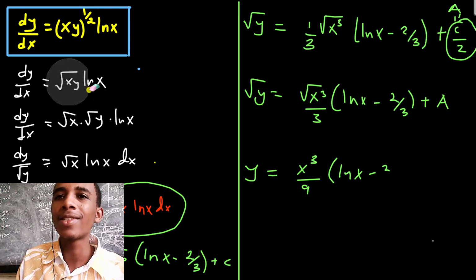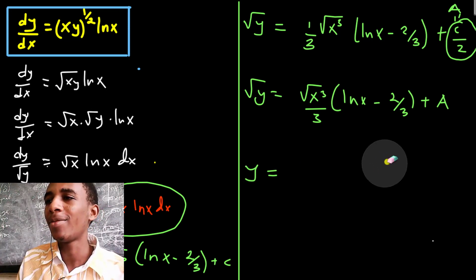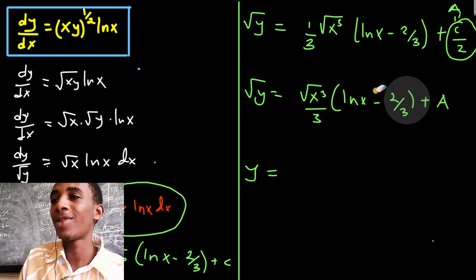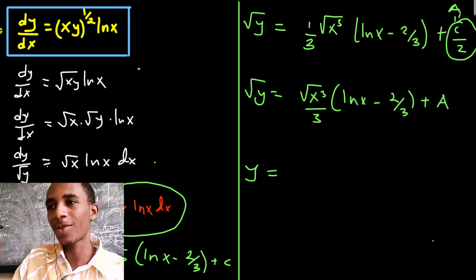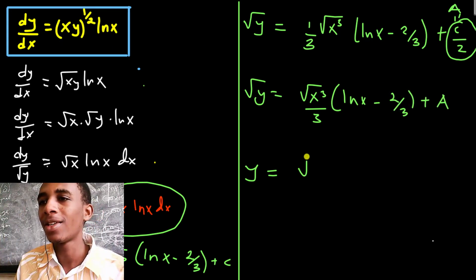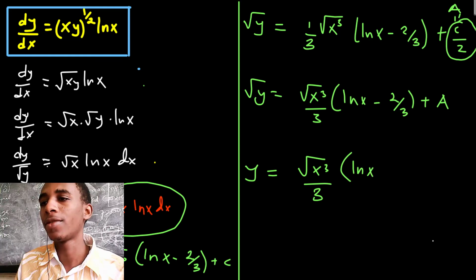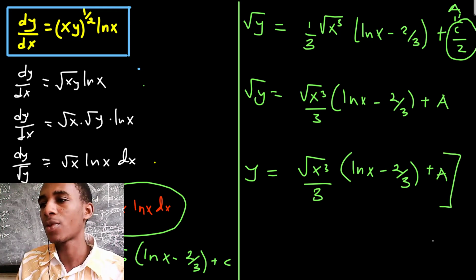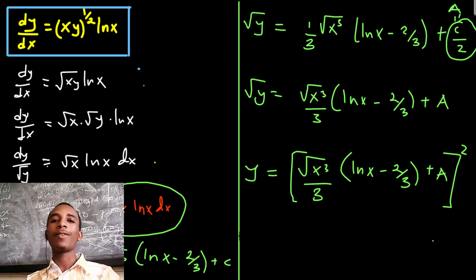Let me just get a rubber here, because I cannot square like that, there is a plus here, so I've got to put a square on the whole function. So that's square root of x cubed divided by 3 times the natural log of x minus 2 over 3, plus a, all squared. All right, so that's my final solution.